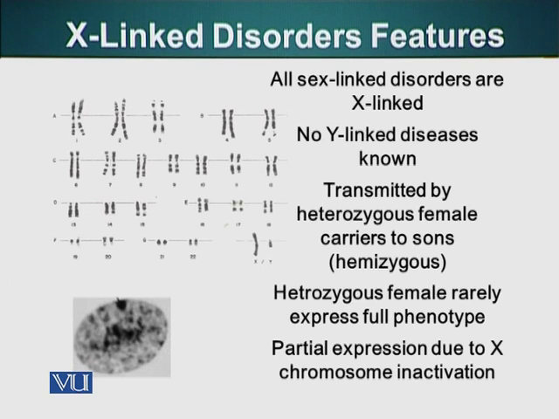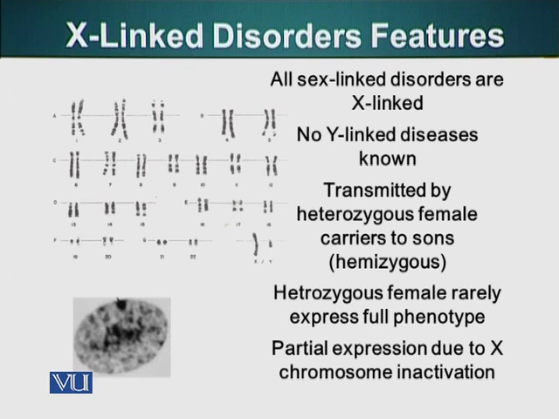A female will have two X chromosomes, one paternal, one maternal. Inactivation of the X chromosome is a random process. In some cells, it will be the paternal X chromosome that gets inactivated. In other cells, it will be the maternal X chromosome.